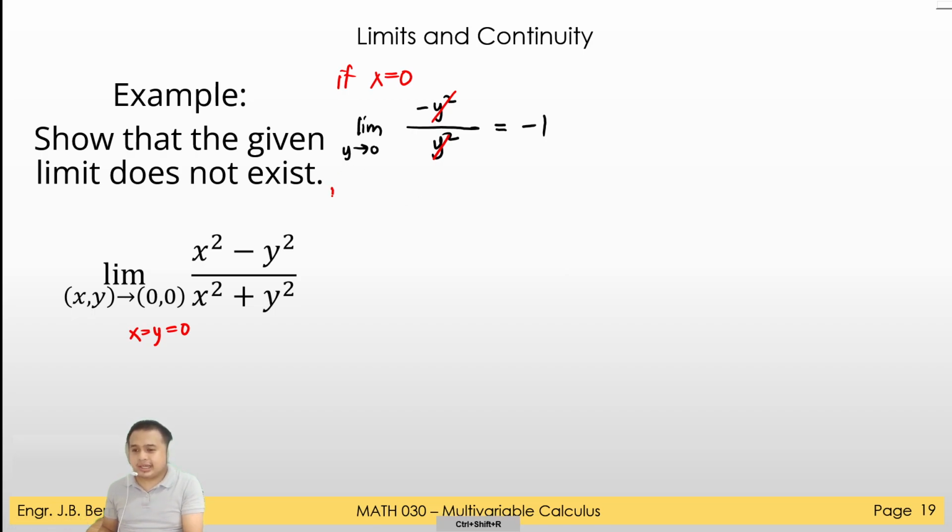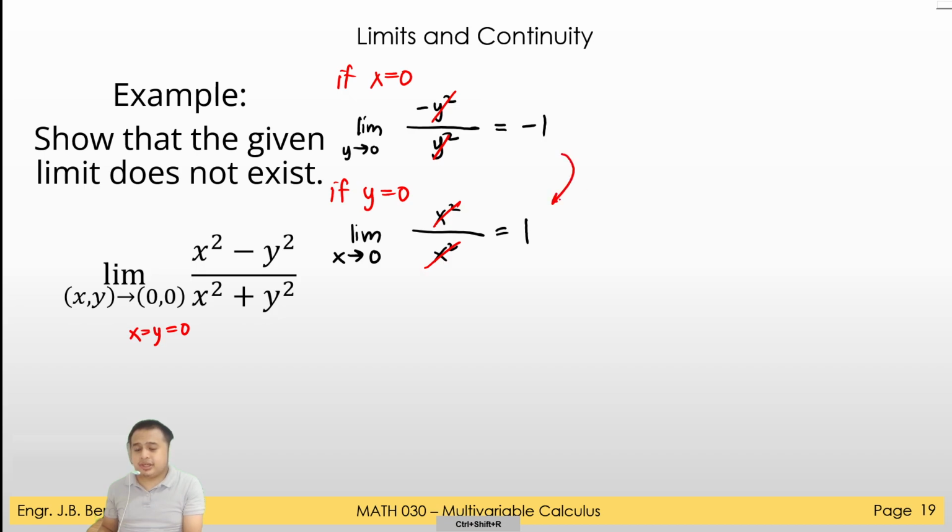And then we can try again. If y is equal to 0, then the limit will simplify into x approaches 0 of x squared over x squared, which will cancel out into +1.